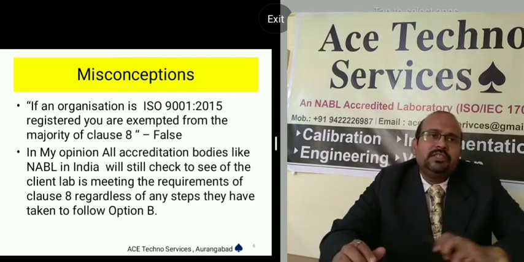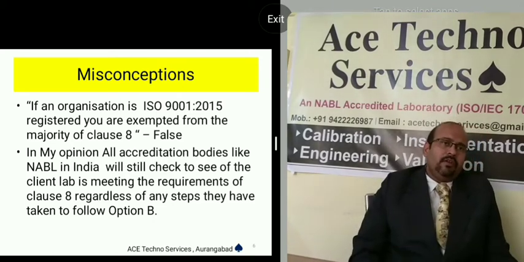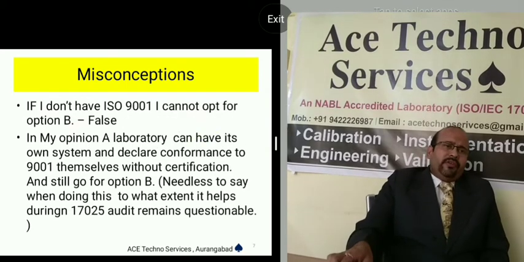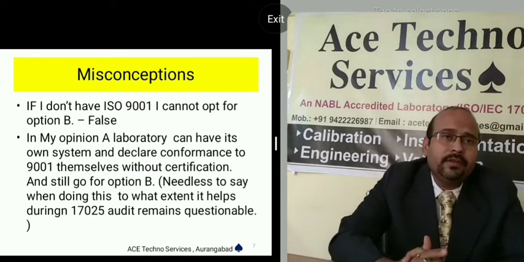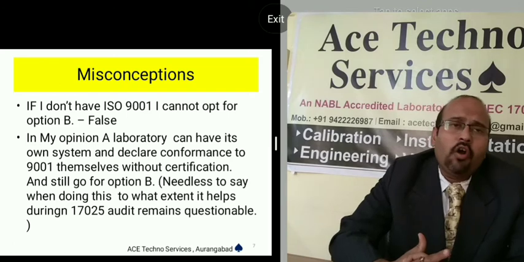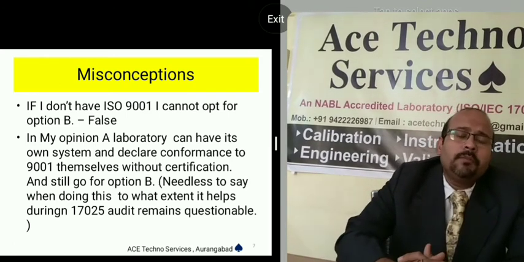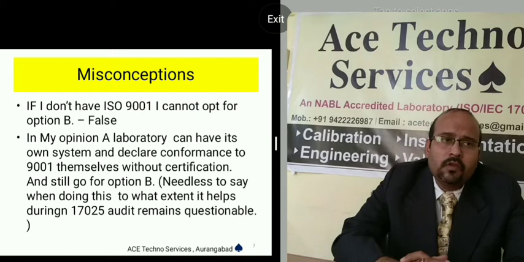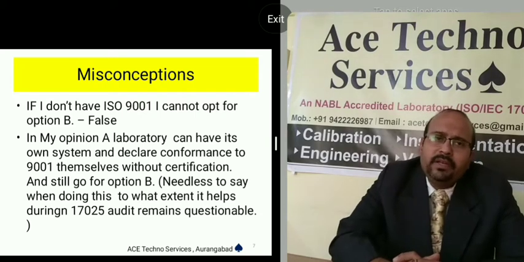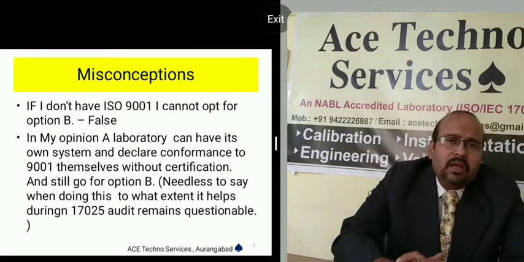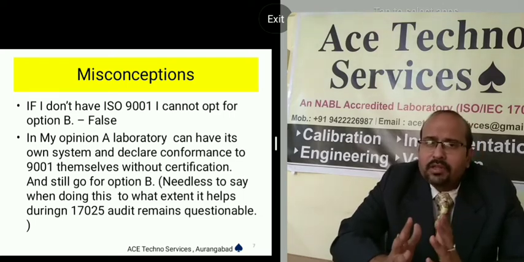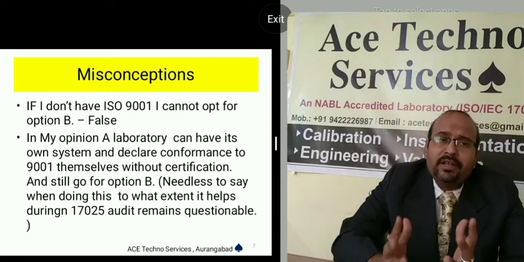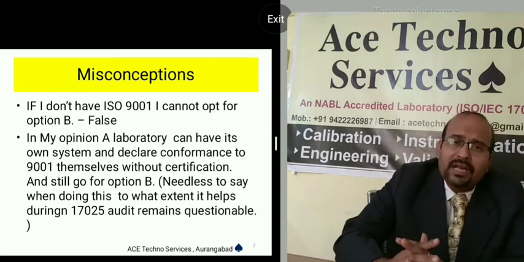Another misconception, which is exactly the vice versa case: if any laboratory is not having ISO 9001, the laboratory cannot go for option B. It is false. In my opinion, it is a certification which we are all thinking of in the common spirit. It is not the certification, but the quality system that is being implemented by the organization.